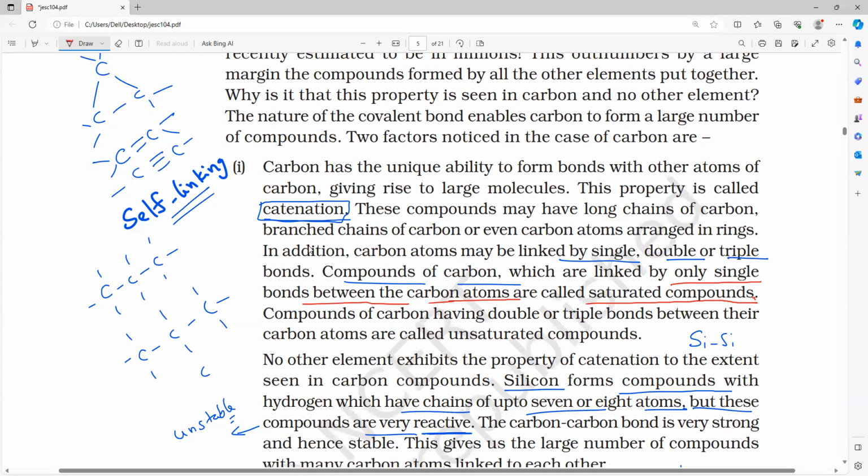Understanding, everybody? And carbon having either double or triple bonds between them, they are called unsaturated compounds.